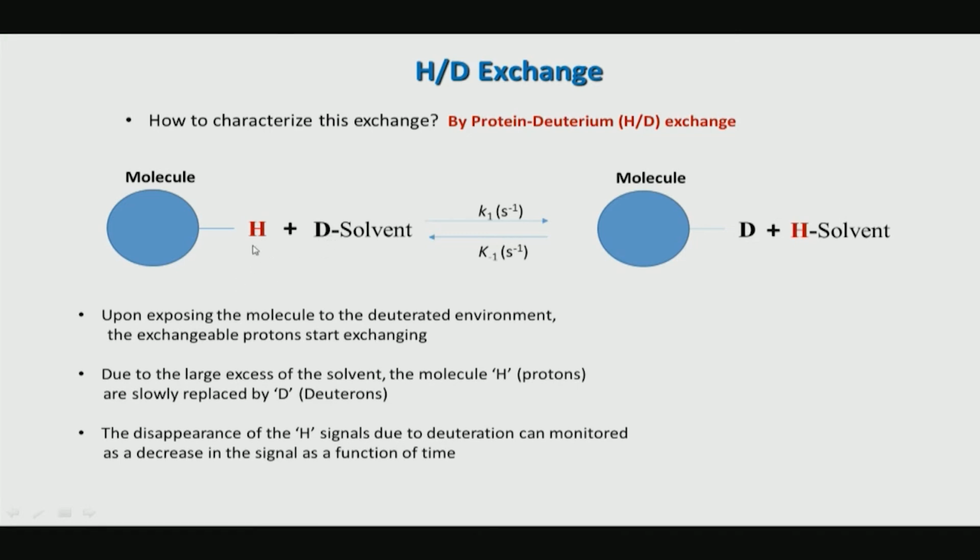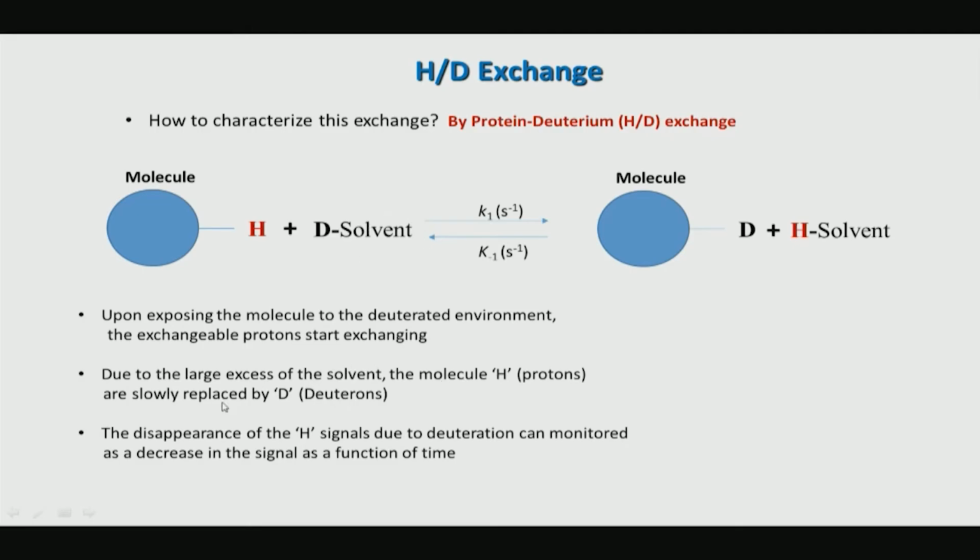This is what is written here, that when we expose the molecule to a deuterated environment, the exchangeable protons will start exchanging, because of the large excess of the solvent. Remember, the molecule is at millimolar, very low, whereas the solvent is in molar, very high.